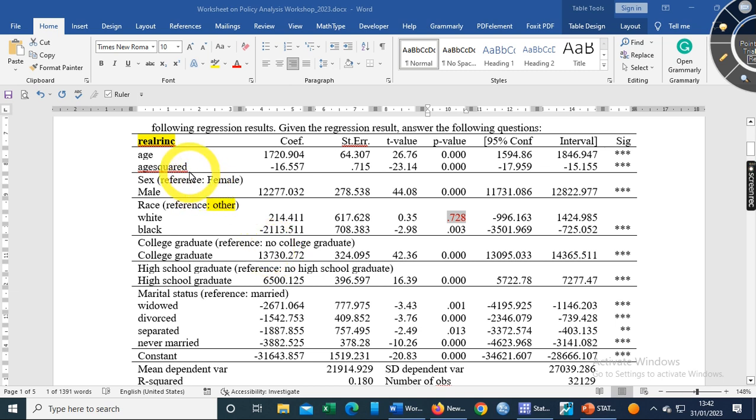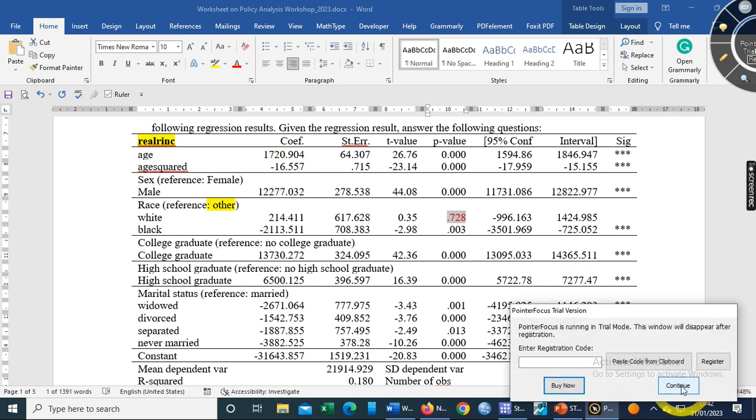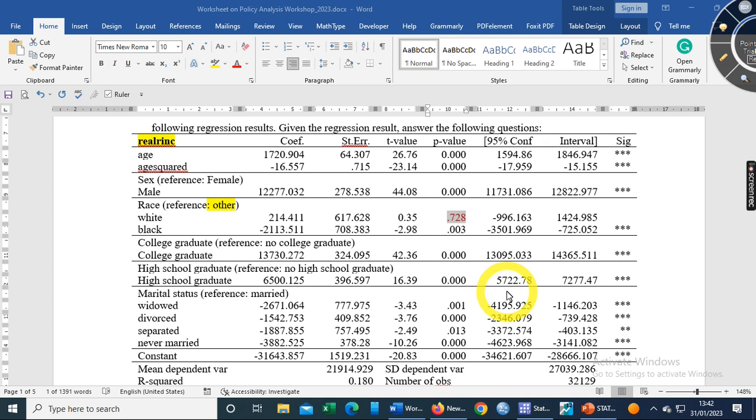And when you come to age squared, it is statistically significant, and its sign is negative, which states that age squared and real income are inversely related, meaning when age squared increases by 1 year, the real income of the individual decreases by $16.557 on average, keeping other things constant.